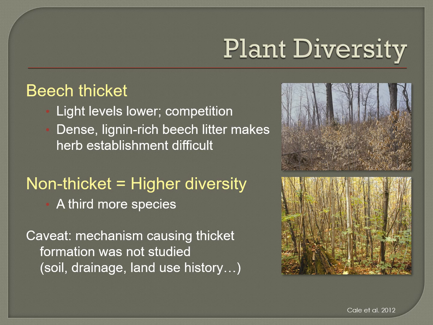So just to sum up that study, we are probably seeing that the beech sapling thicket is very competitive and is going to exclude a lot of the other plant species that are trying to establish or grow up into the forest canopy. We did not look at what caused the thickets.